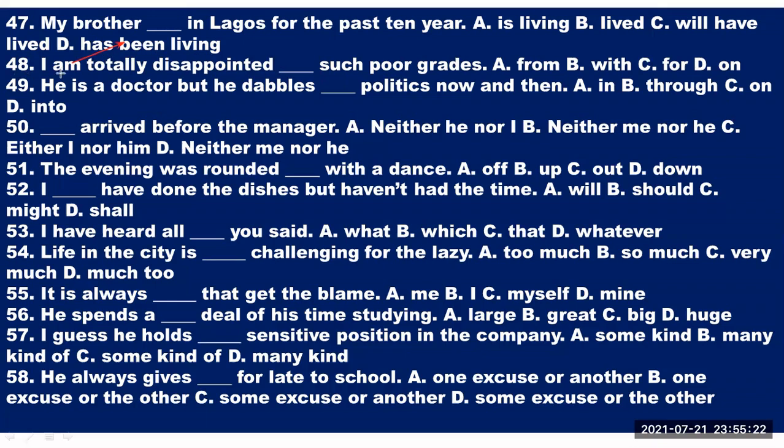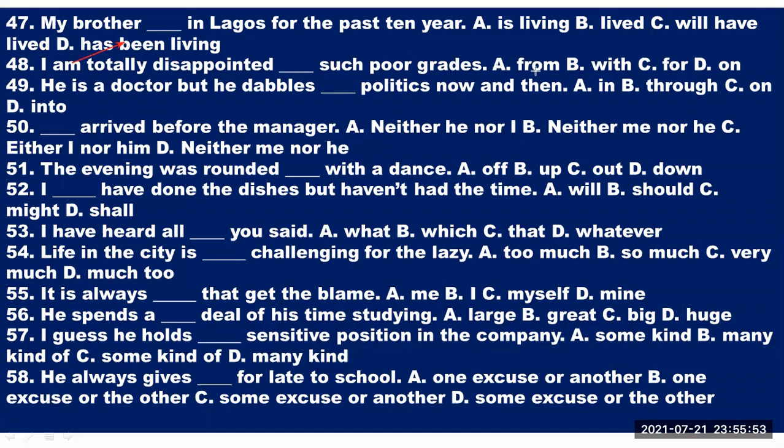Question number 48. I am totally disappointed dash such poor grades. Now here we are dealing with how a preposition collocates with adjectives. So here we can use a sense of intuition. Then we put in each of these prepositions to see how it fits in. Let's now try it.